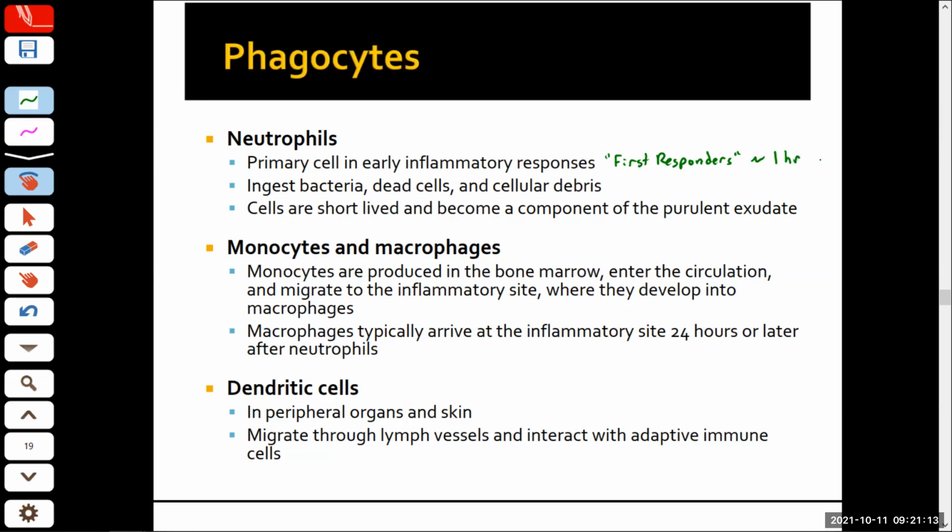Okay, which makes sense. You cut your finger, do you want neutrophils there sooner? Yes. Okay, they usually arrive on the scene or at the injury within an hour. They eat stuff. That's awesome. What's the problem though if they eat stuff? One and done.